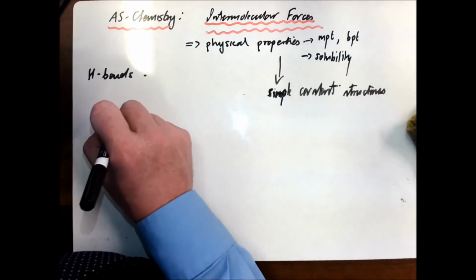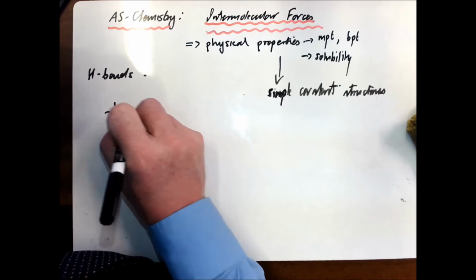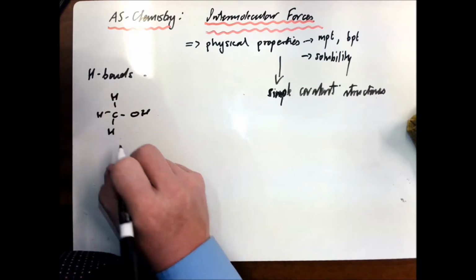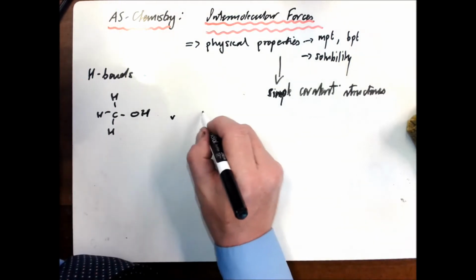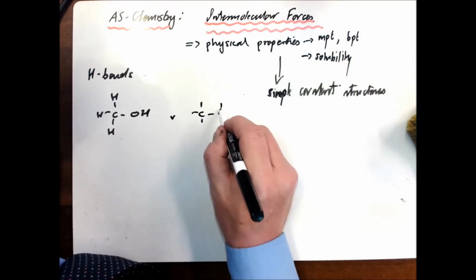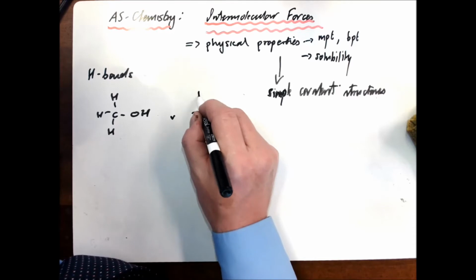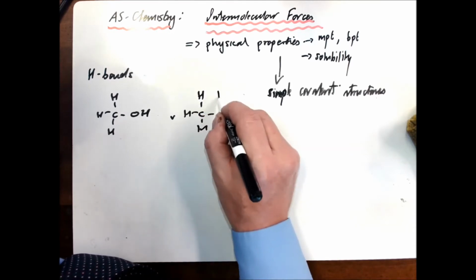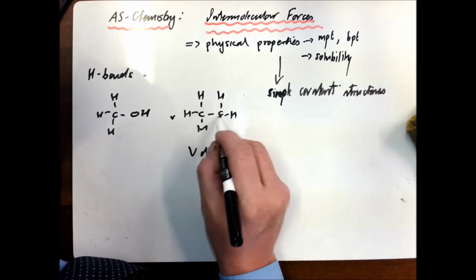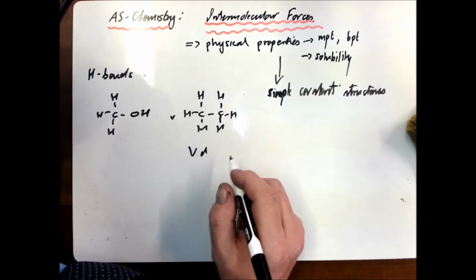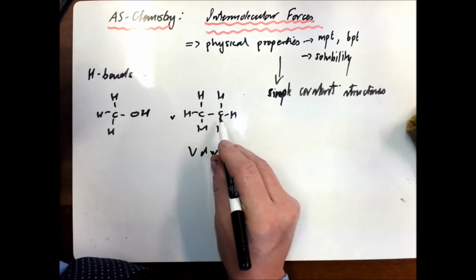So if I took a molecule like this, that's methanol, okay, and I compared that to a molecule of, let's say, ethane. Okay, so what's the only intermolecular force in ethane? Well, there's no differences in electronegativity of significance between the carbons and hydrogens, so that's only got van der Waals.